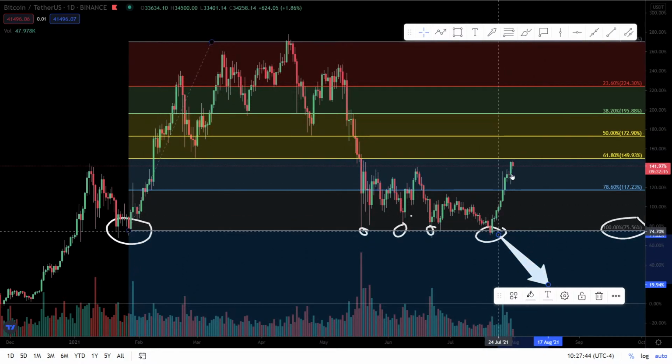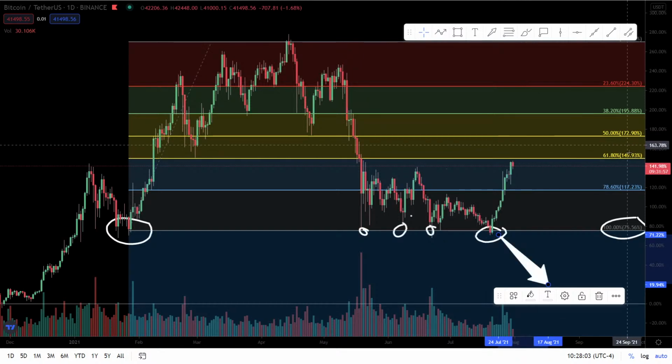So here we could equally say price action has gotten to the bottom of the golden zone. The big question is, can Bitcoin break into the golden zone? If it breaks into the golden zone over the next couple of days, you want to be riding that baby to the moon.